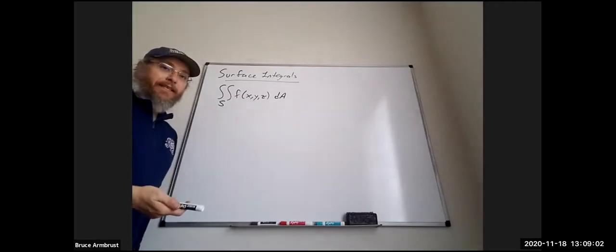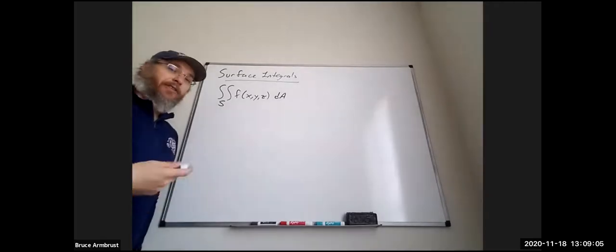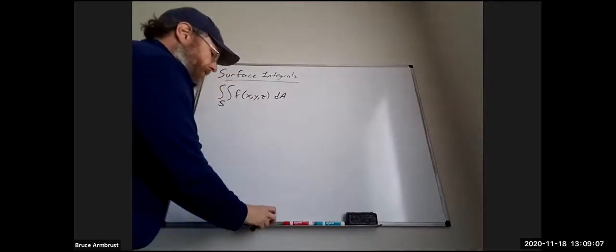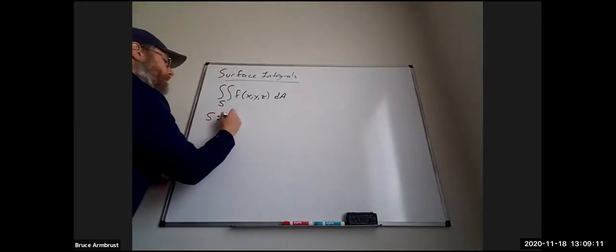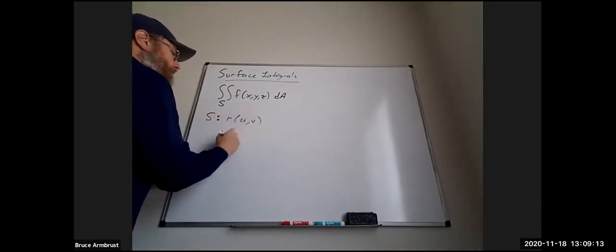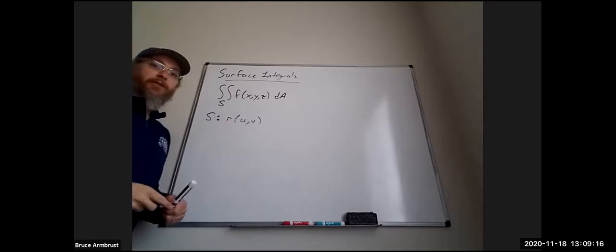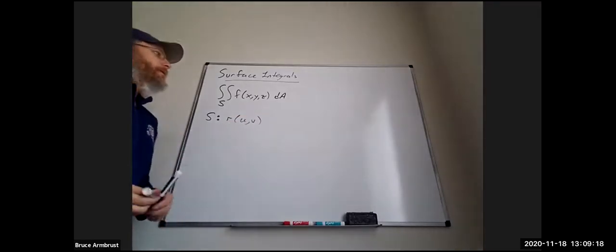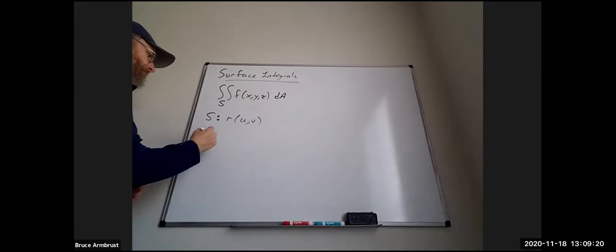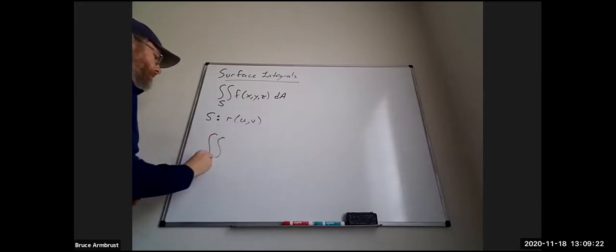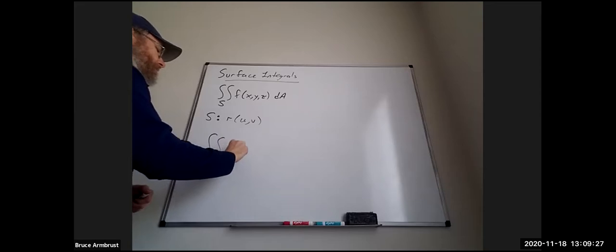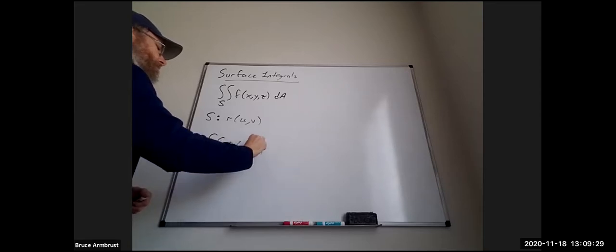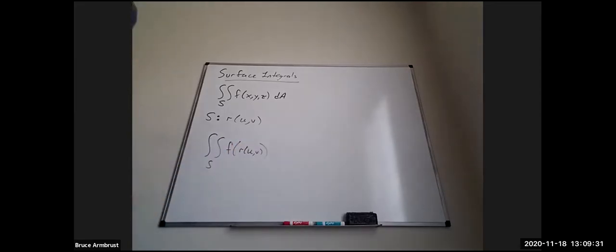But to put it into practice, we want to parameterize just like we did curves. So if we define the surface as a function of u and v, where u and v are our two parameters, then this changes a little bit. We're integrating over this surface S. In the function, we're going to substitute in the u's and the v's.